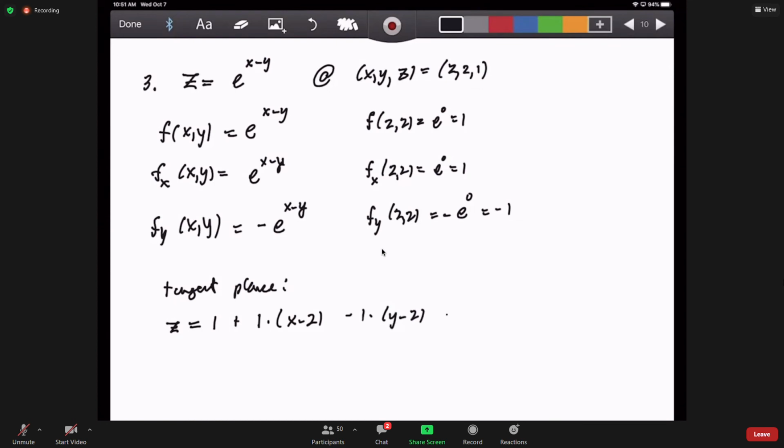So we could just write z is equal to 1 plus (x minus 2) minus (y minus 2). And the linearization would be just the right-hand side here.